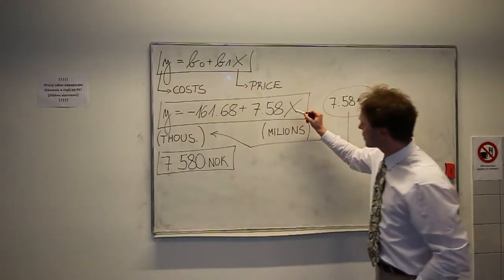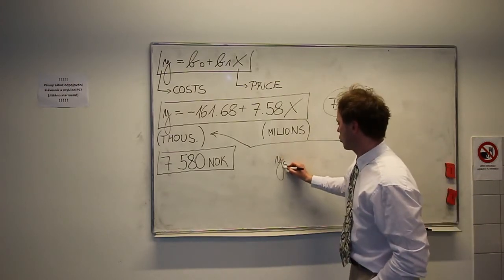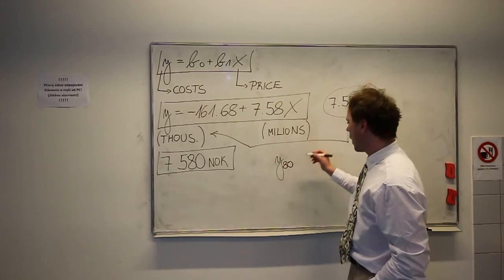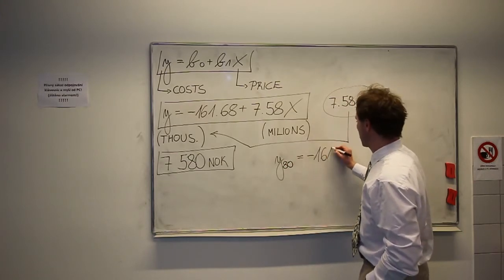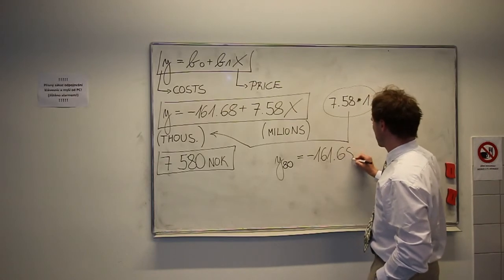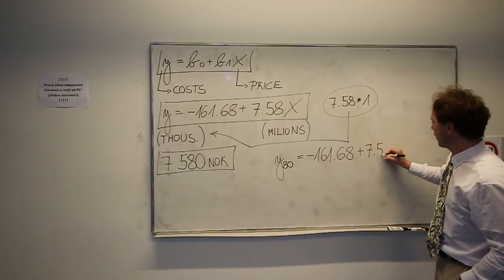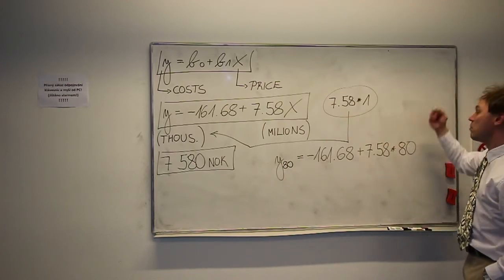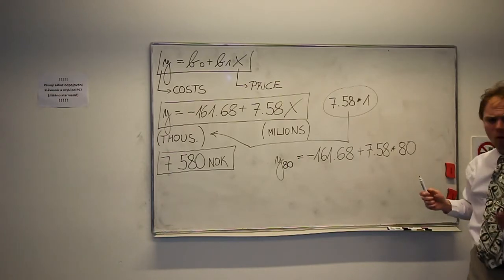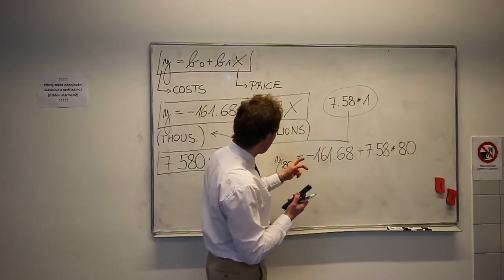The price of the house is 80 millions. So y for the situation of an 80 million house is equal to minus 161.68 plus 7.58 times 80 millions. So I need to use the calculator here.